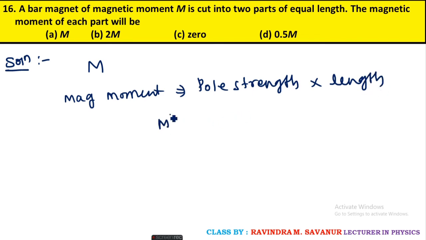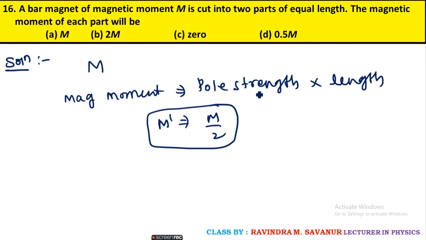From this equation we come to know that it is M by 2, because it is cut into two equal parts, then the magnetic moment will be half of the original. Option D. Yes, answer.